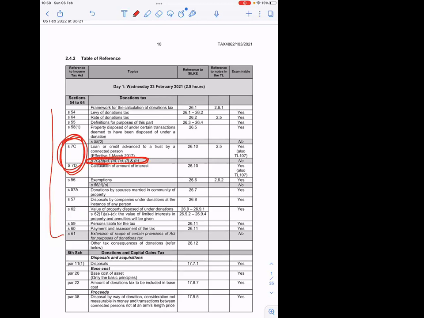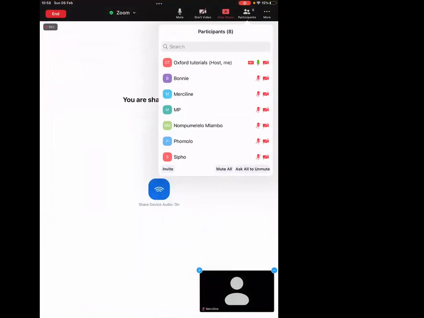All right, assuming we're there. Anyone who's struggling to navigate the Act to go to that section? No one. Right, we are now there. My Act is a little bit old. There's been some modification there. Anyone who is using a new Act, can you scan that? It's going to be a little bit tricky.